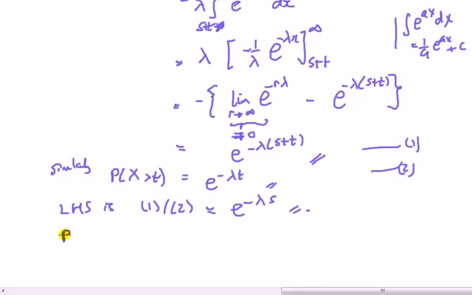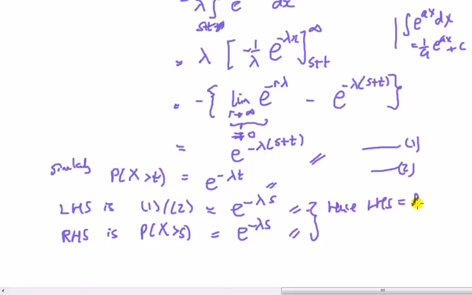And the right hand side doesn't require any more working. Essentially we're done. It is the probability that X is bigger than s, it takes this form, so it's e to the minus lambda s. These two are the same. Hence the left hand side equals the right hand side, of the memoryless property, and we are done.